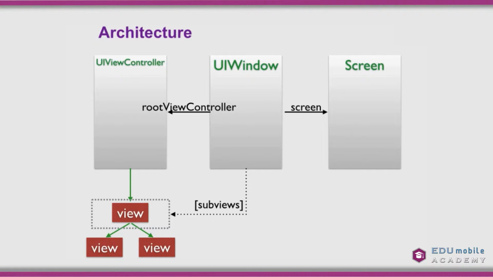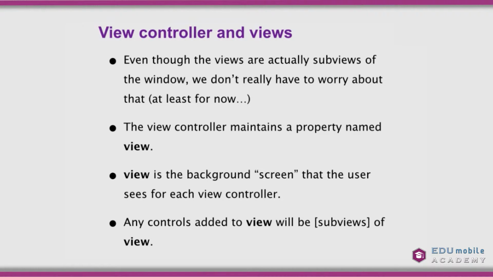So the window interfaces with the screen. That is the background side of things. And then the view controller is what we deal with, and everything else is handled for us by the system itself. So again, even though the views are actually subviews of the window, we don't really have to worry about that, at least not for now.